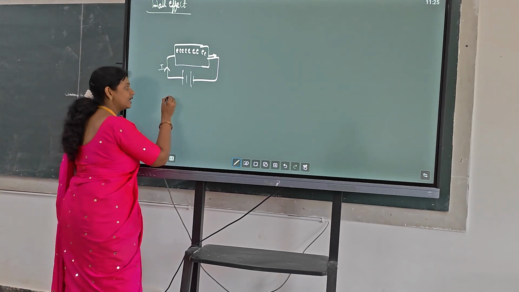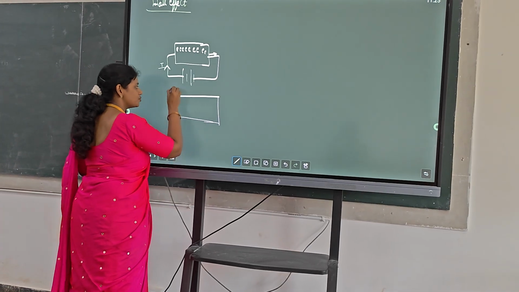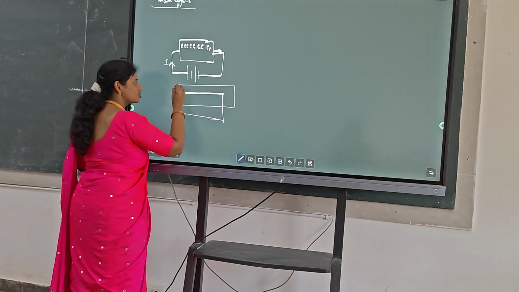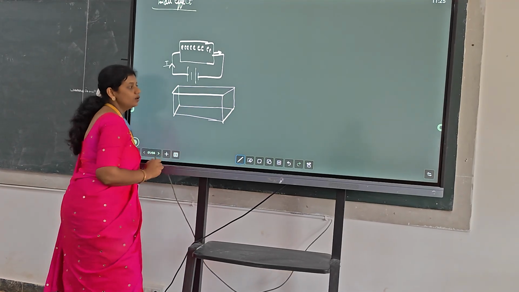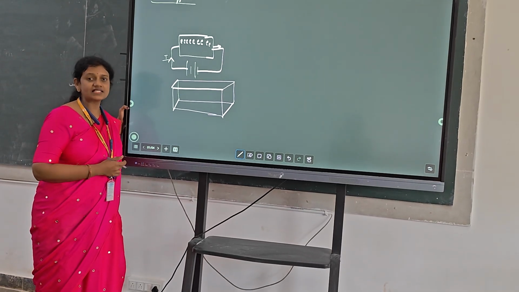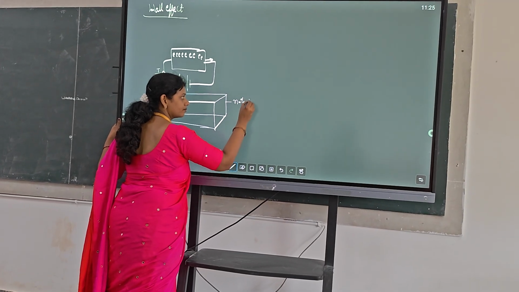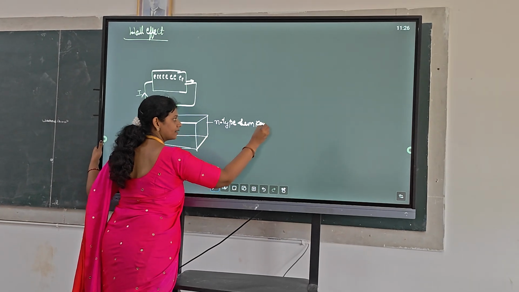It consists of a rectangular shape like this. This rectangular slab that I am considering is an N-type semiconductor.